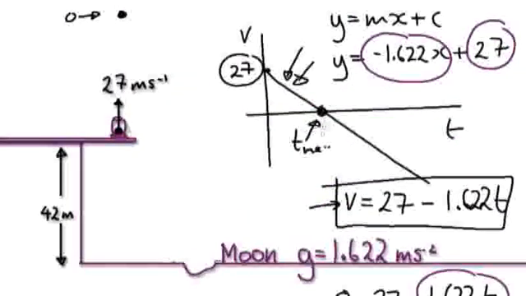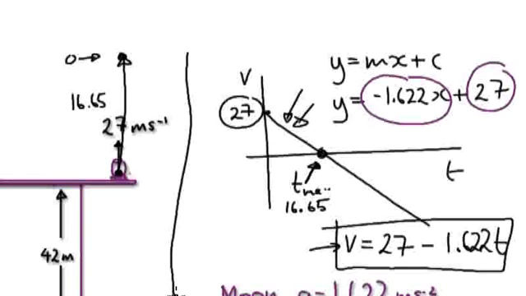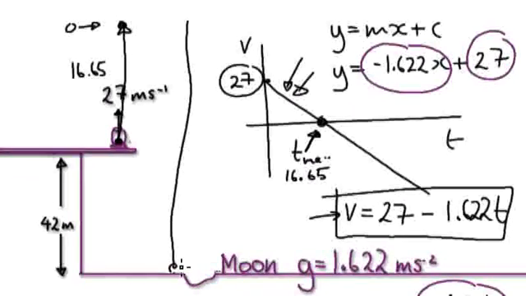So T max here will be 16.65. Okay, so what we're saying is that the time it takes to get from here to its maximum height will be 16.65.